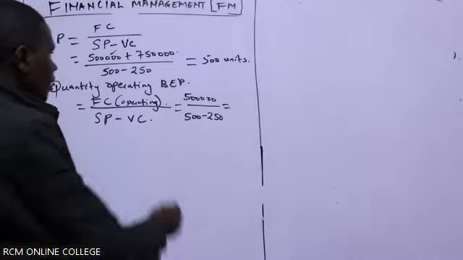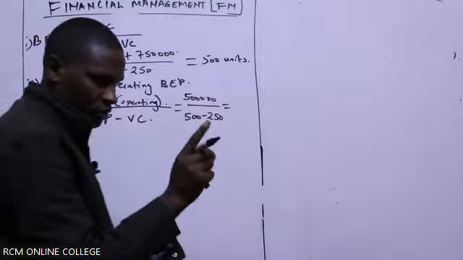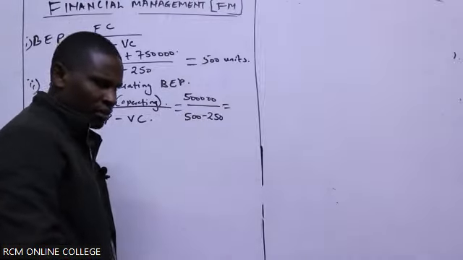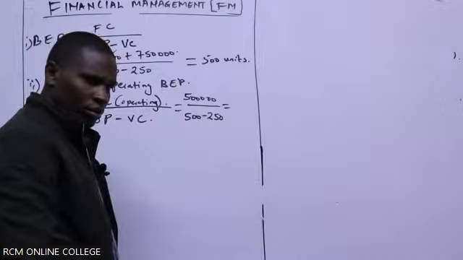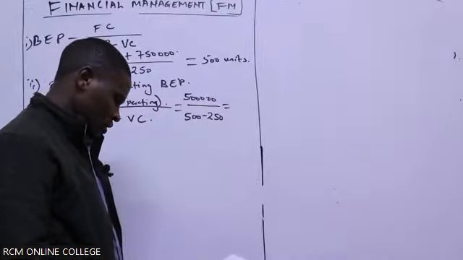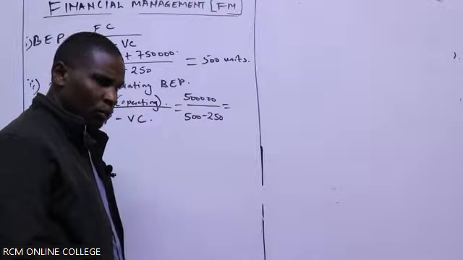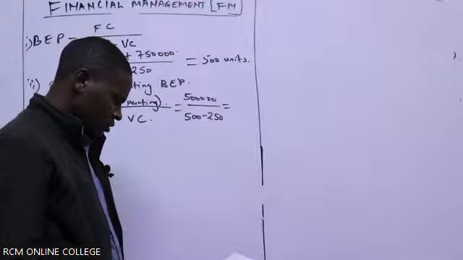500. The selling price is 500. Mary, is the selling price 5? Okay, let us see. What are you looking at?